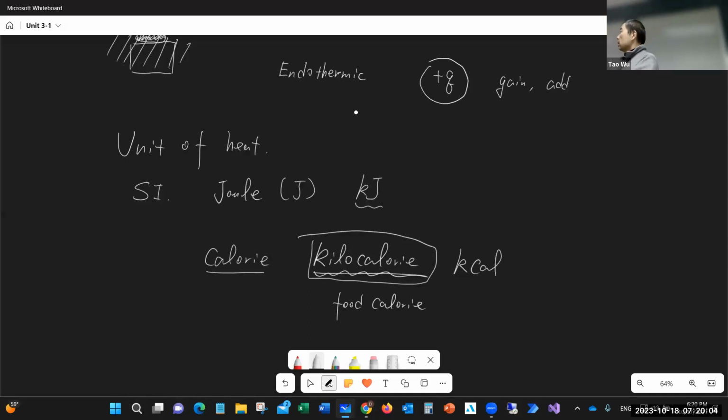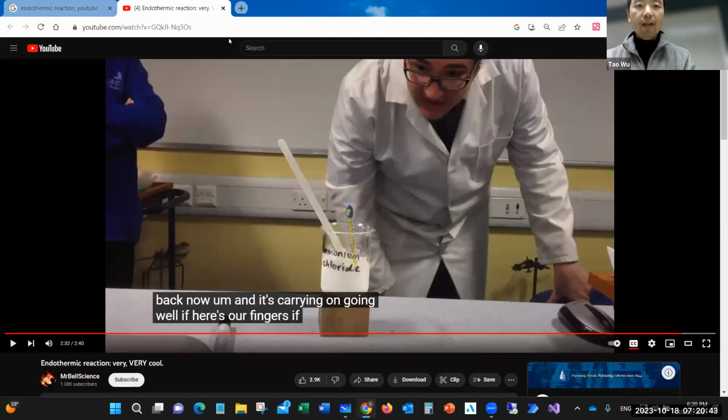A human body, for adults, uses on average about 2,000 to 3,000 kilocalories, or food calories, every day. A tiny little chocolate can be about 200. And if you're looking at one can of Coca-Cola, how much? We can search, we can find it.